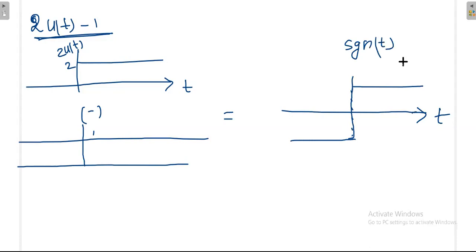Then next we'll see some other problems. How to find the time reversal for the given x of t waveform. Find the time reversal of the given x of t.